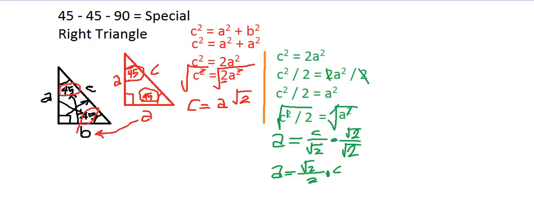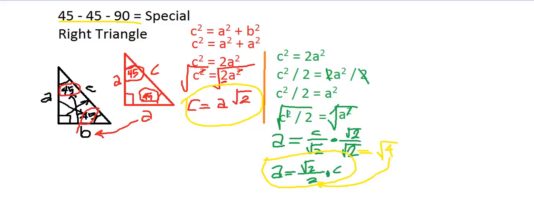Because the square root of 2 times the square root of 2 is the square root of 4, right? And the square root of 4 is 2. Now, we have the pattern in finding a. We also have the pattern in finding c, if this is a special right triangle, 45, 45, 90.